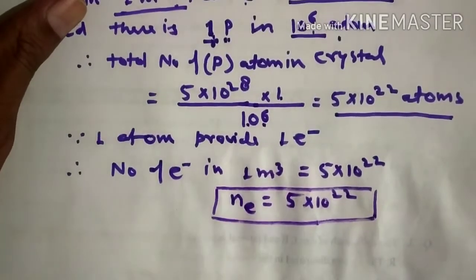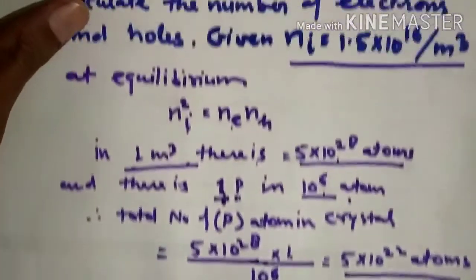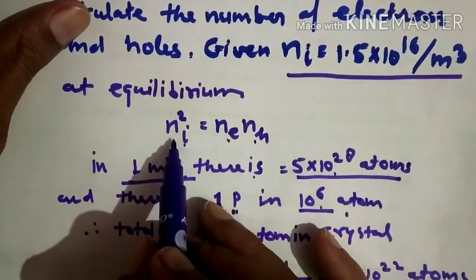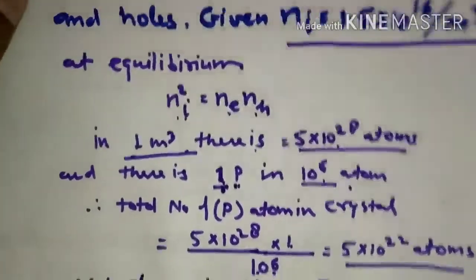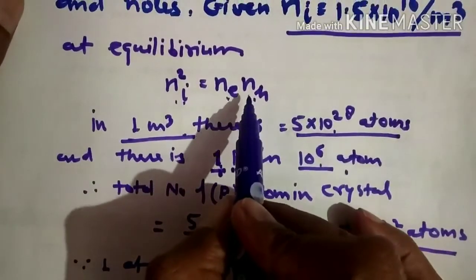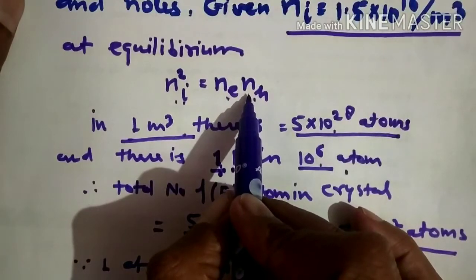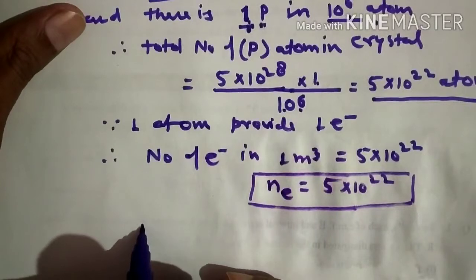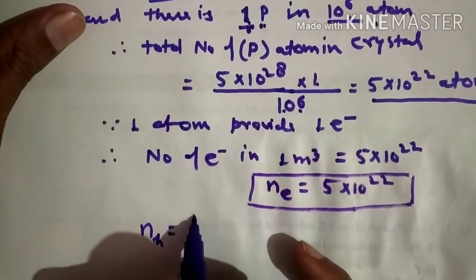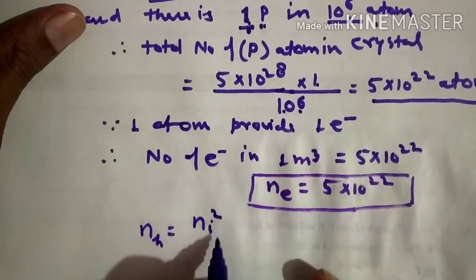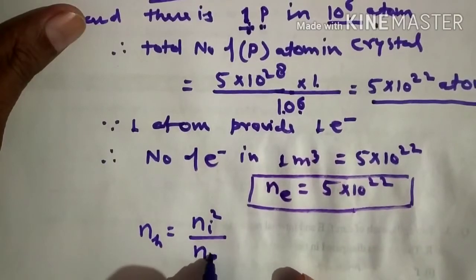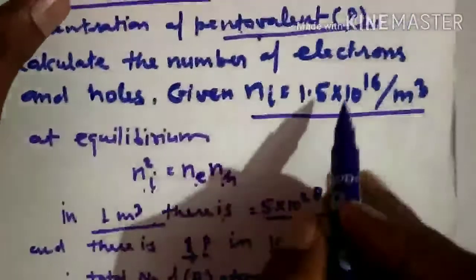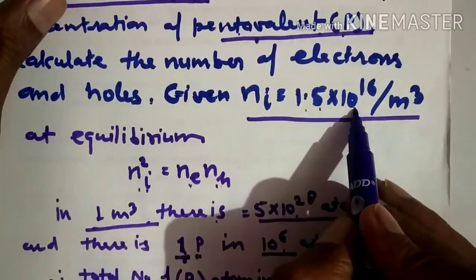Let's calculate the number of holes as well. We have the relation between the number density of electrons, the number density of holes, and the number density of current carriers. Using this equation, the number density of holes will be equal to the number density of current carriers squared upon the number density of electrons. The number density of current carriers is given as 1.5 into 10 to the power 16.